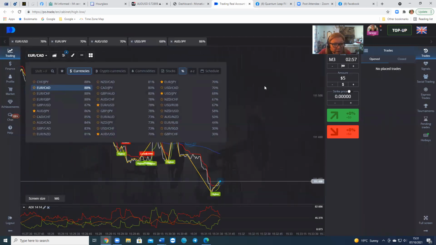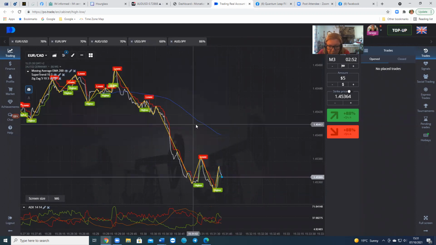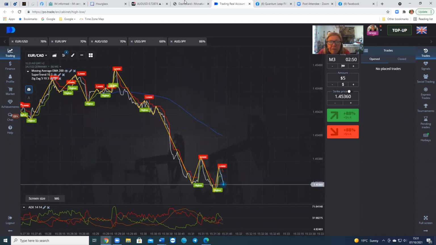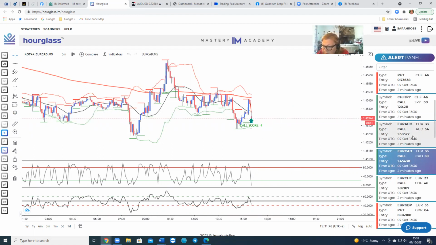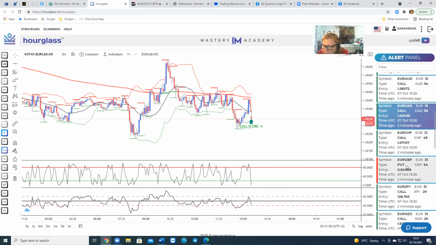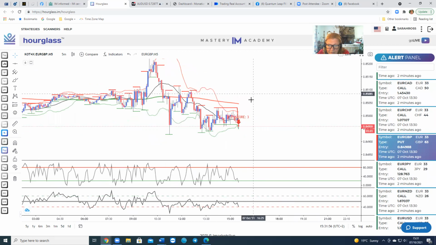Euro CAD's at 88. It's now 363. That's moved, that's already made its move right down. And there's that Canadian dollar use that could be to do with that. Euro GBP I never trade because it's a very similar pair.